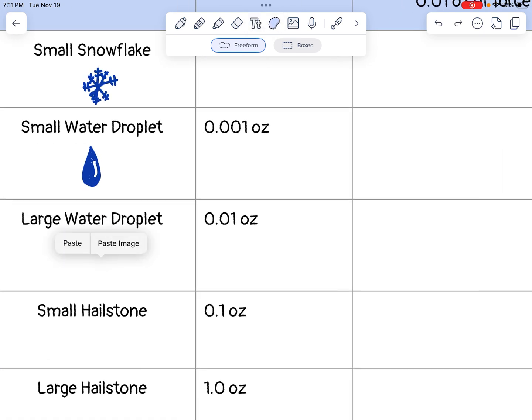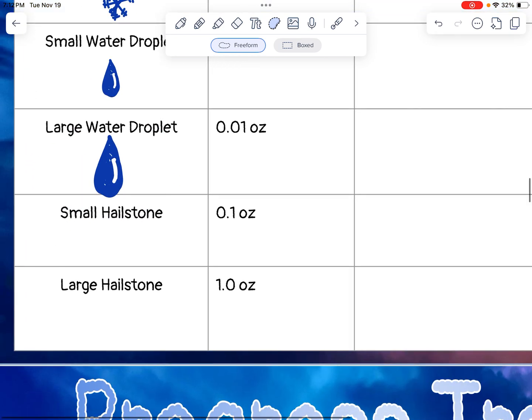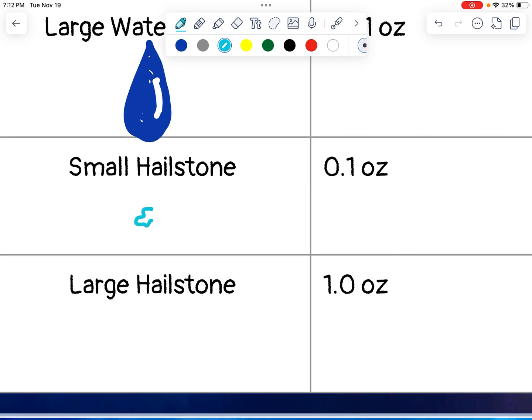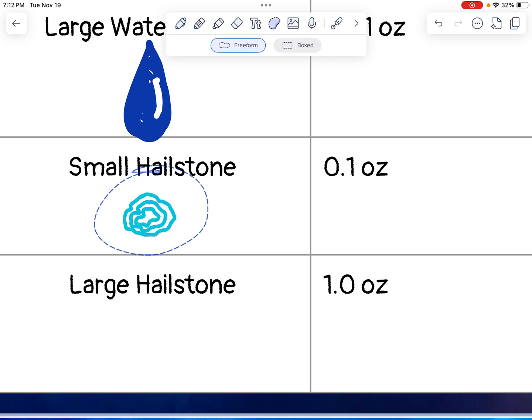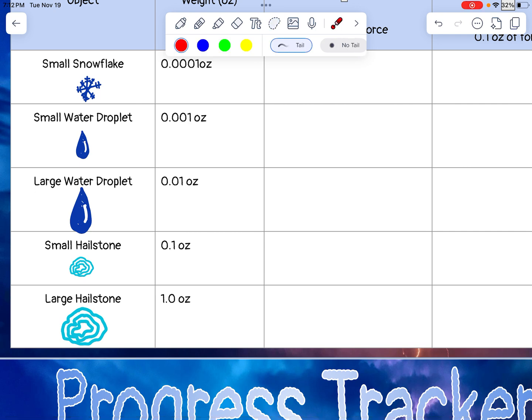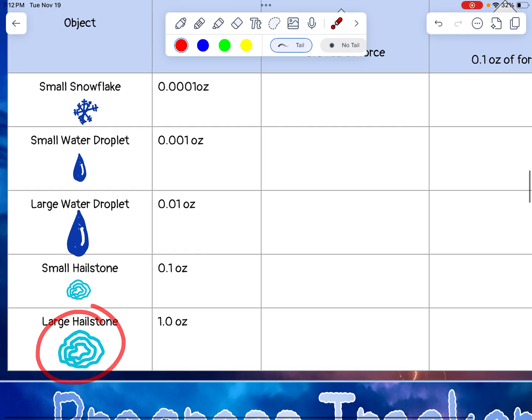Make that guy a little bigger. A small hailstone. So remember, your hailstones have layers when they freeze in the clouds. We can use our copy paste tool to say we are needing a larger one as well. Okay. So what do we have? We have a small snowflake, a small water droplet, a large water droplet, a small hailstone, and a large hailstone.